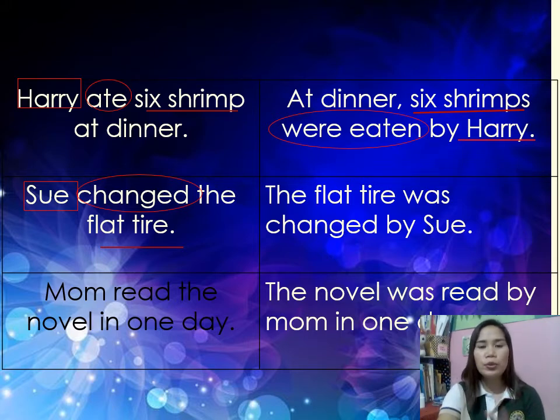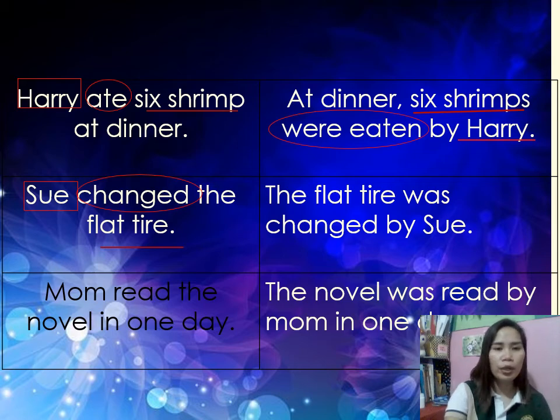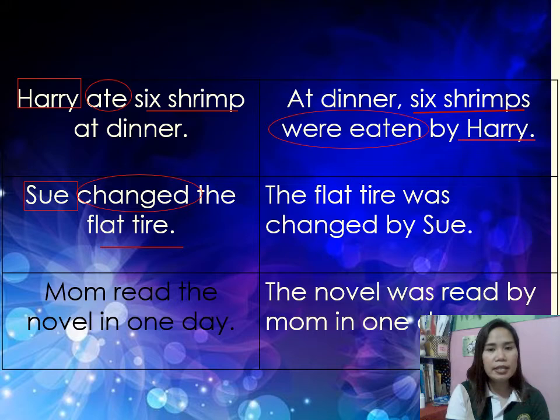Therefore, we have to use were eaten. And why were, not are? Go back to your active verb. Your active verb is ate. Therefore, you have to use were. And eaten is the past participle of eat. So at dinner, 6 shrimps were eaten by Harry.